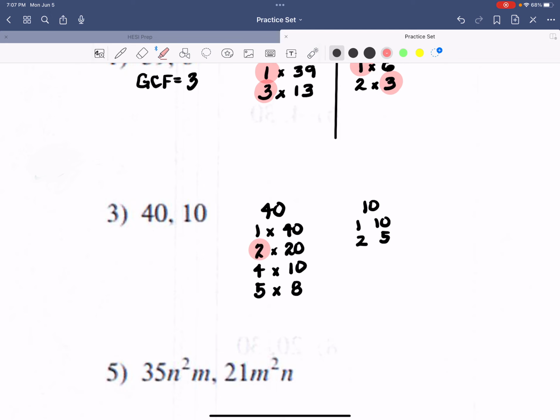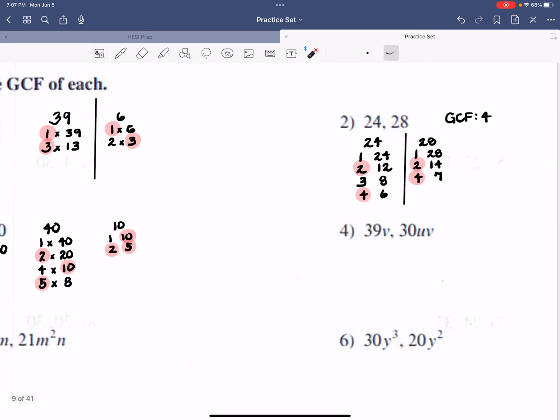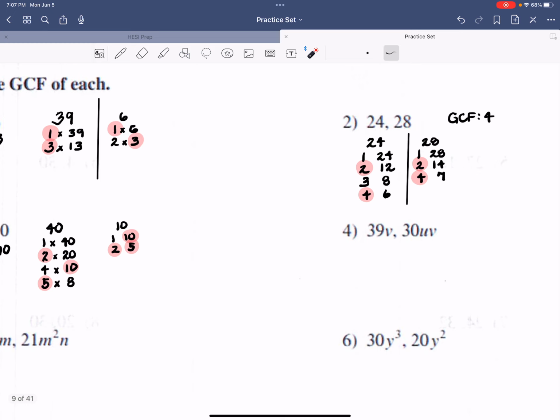A 2, a 5, and a 10. The greatest of those is the 10. I knew that to start with because I knew that this one is a factor of that one. And if that's the case, this one will be your greatest common factor. So you don't even have to list the factors if you know them.